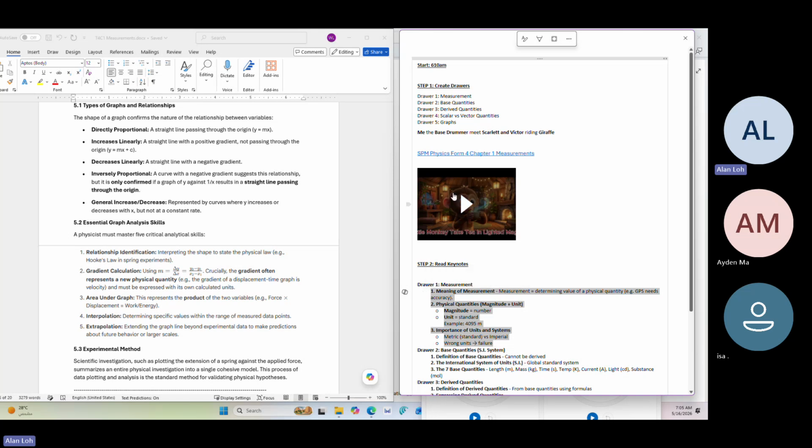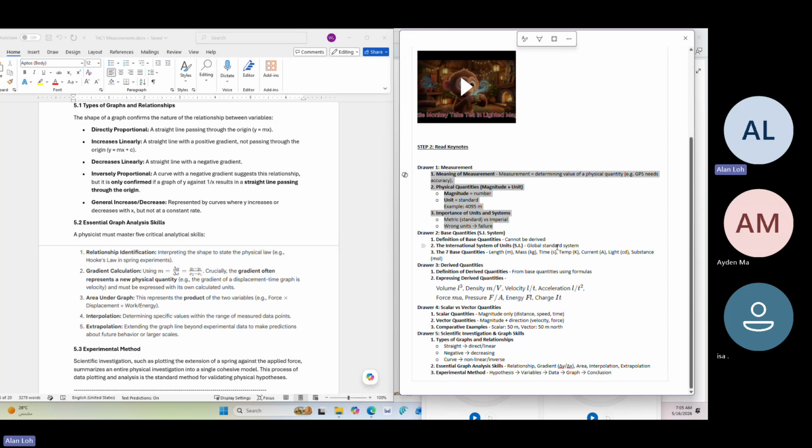Then you have base quantity. What is base quantity? Although by now maybe you still cannot remember the 7 base quantities, you can at least tell them that there are 7 base quantities, like length and time. Those are common quantities.